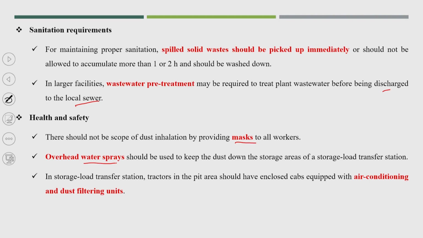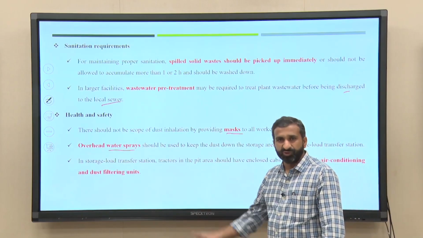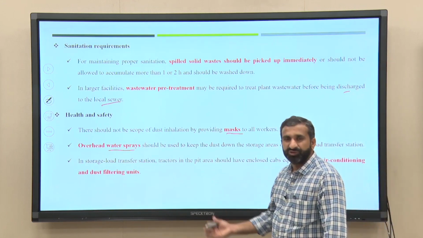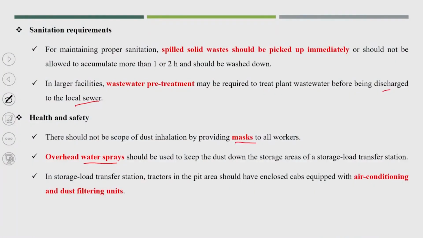I do not think such things are possible in India, but whatever vehicles are used, once they unload the waste into the storage hopper or pit, we need to see that a lot of dust is not produced in this operation.